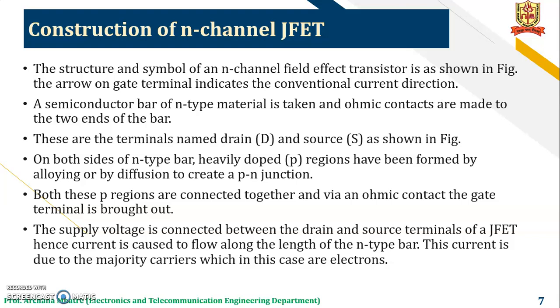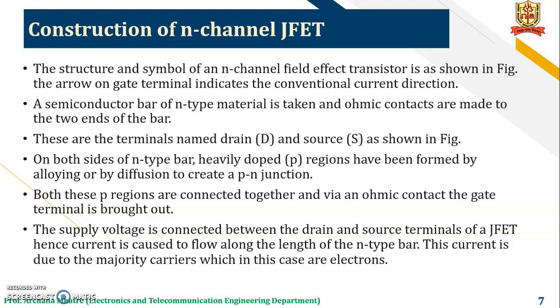The structure and symbol of N-channel field effect transistor is shown in the figure. The arrow on the gate terminal indicates the conventional current direction. A semiconductor bar of N-type material is taken and ohmic contacts are made to the two ends of the bar. These terminals are named drain and source as shown in the figure.